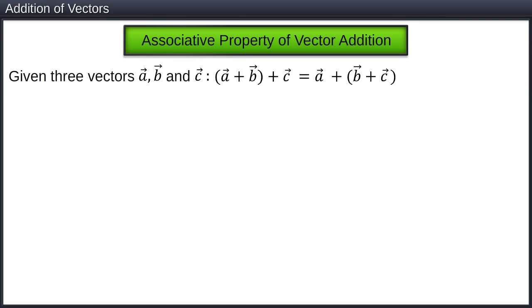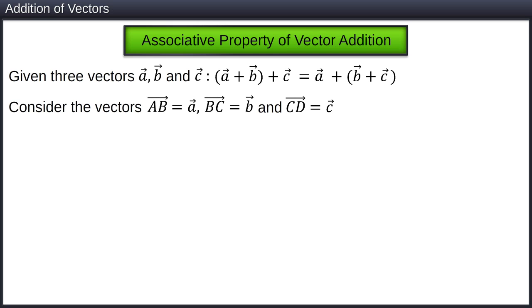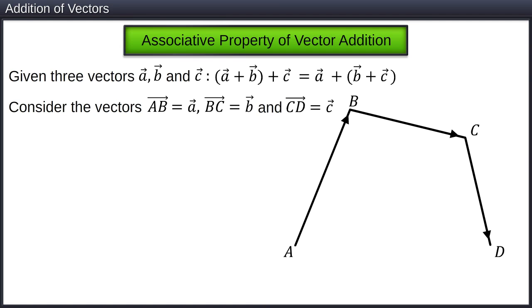Now, let us prove that vector addition is associative. Consider three vectors AB, BC, and CD representing vectors A, B, and C respectively.